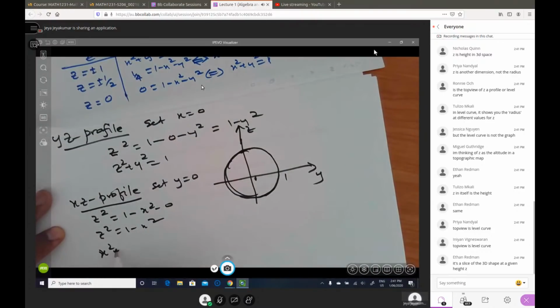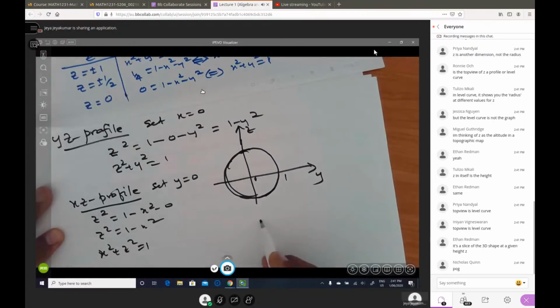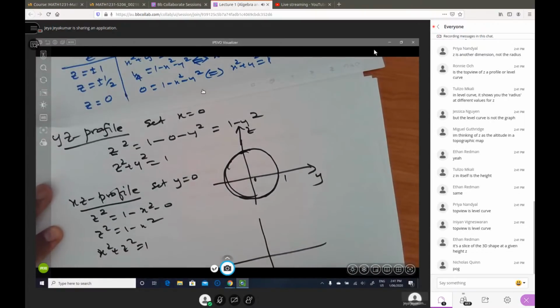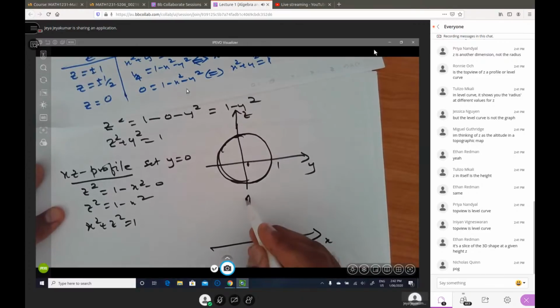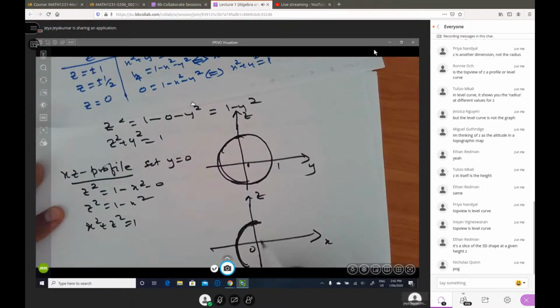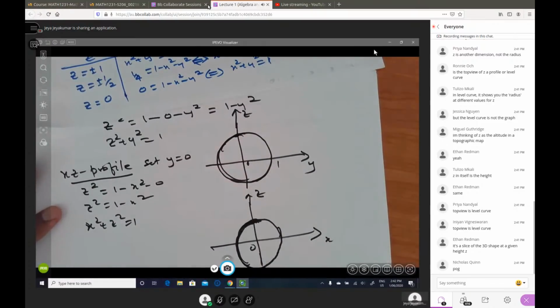That's a circle, x squared plus z squared equals 1. You have a circle here. That is x, that is z, that's the origin. So the intersection of the surface with the xz plane is a circle.